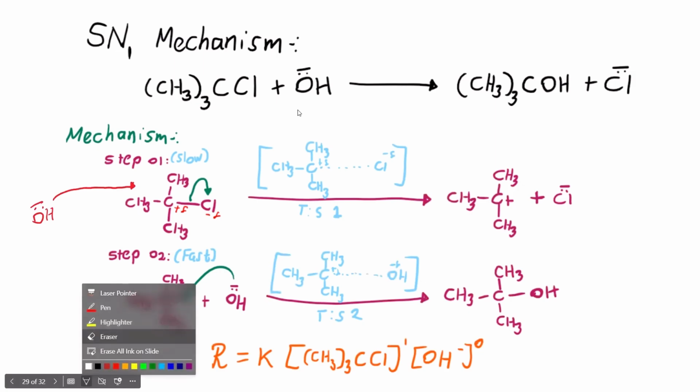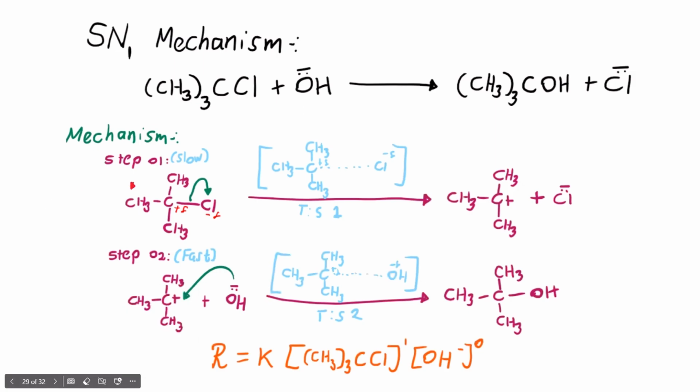But it can't react with it. What is the reason? The problem is, when you have tertiary halogenoalkanes, these R groups are bulky. When the R groups are bulky, what will happen? There's no space for this OH minus ion to reach this carbon atom.